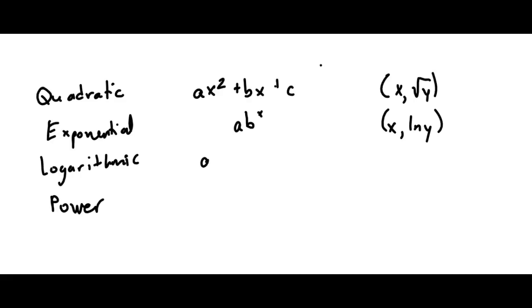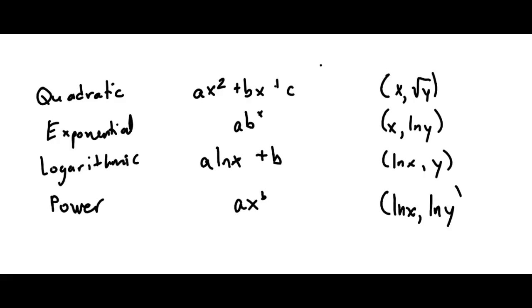To turn a logarithmic function like a times the log of x plus b into a line, we would graph the ln of x along with y. And finally, a power function like a times x to the b power, we would do the ln of x and the ln of y in our graph.